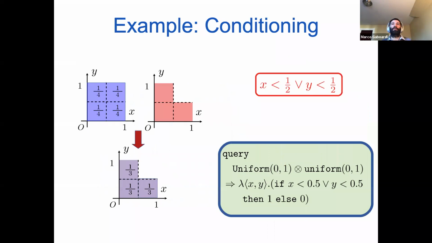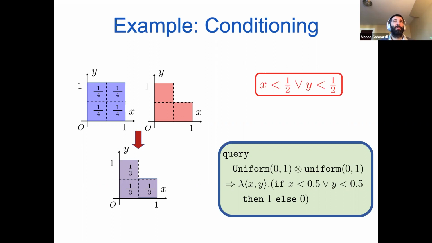So an important point in this conditioning is rescaling. The resulting distribution is still a distribution. So after filtering, we need to rescale our result. Here is an example.